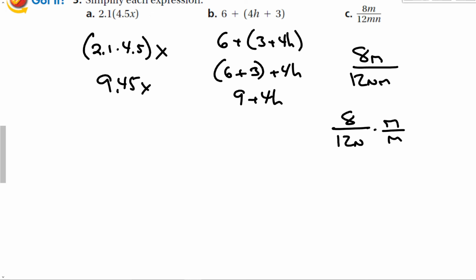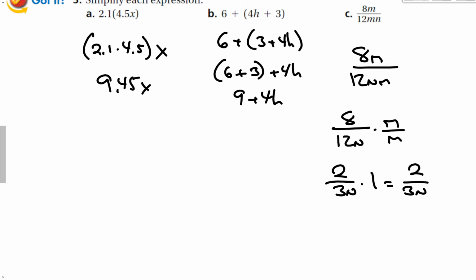The m and the m cancel each other out to give me 1, and 8 over 12 turns into 2 over 3. So that turns into 2 over 3 n times 1, which is 2 over 3 n, due to the multiplicative identity, the identity property of multiplication.